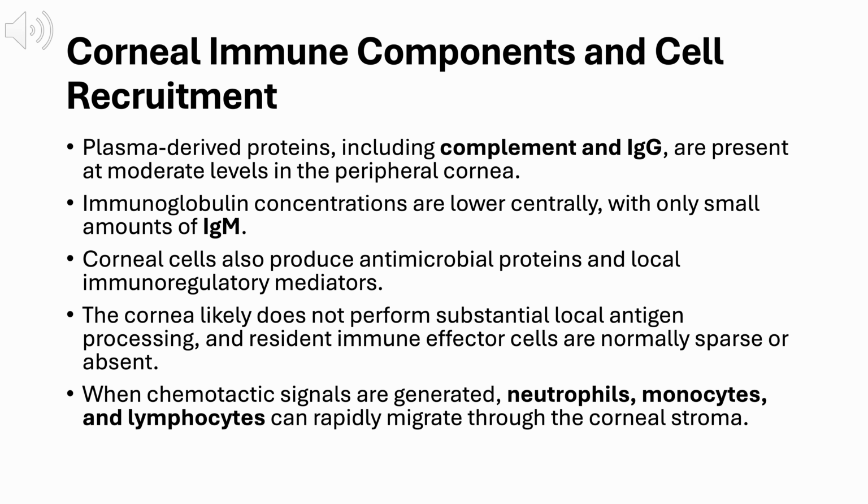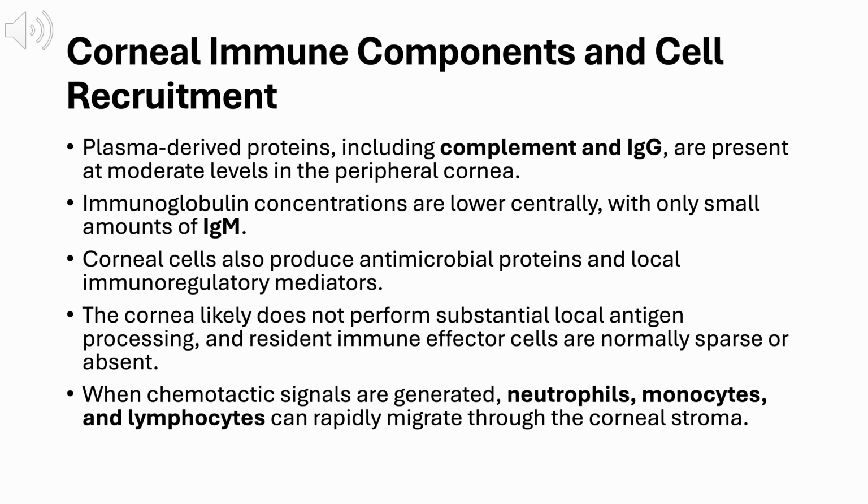Let's inventory what's actually present in the cornea, and again, the peripheral to central gradient dominates. Plasma-derived proteins, including complement and IgG, are present at moderate levels in the peripheral cornea, supplied from the nearby limbal vessels. Centrally, immunoglobulin concentrations fall off, with only small amounts of IgM detectable.